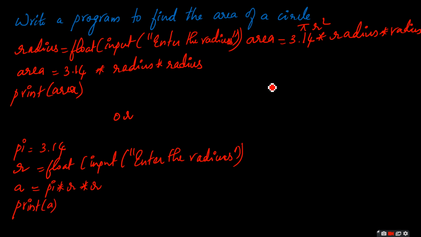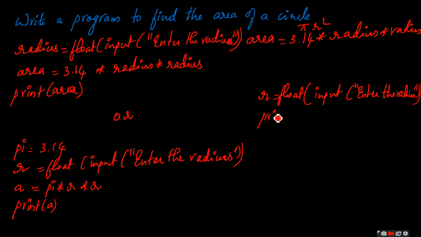Or we can write like this way also, r equal to float input, enter the radius, then we can write like this. Directly inside the print function we can give 3.14 into r into r. So while we are writing a program, we can use any method because different people are having different logic. So in this way we can find the area of a circle.